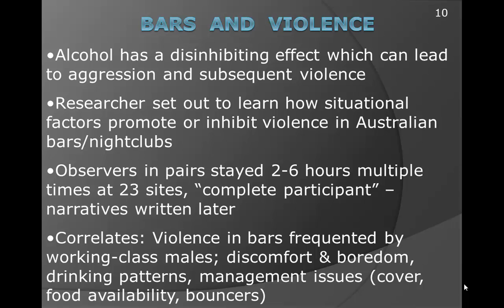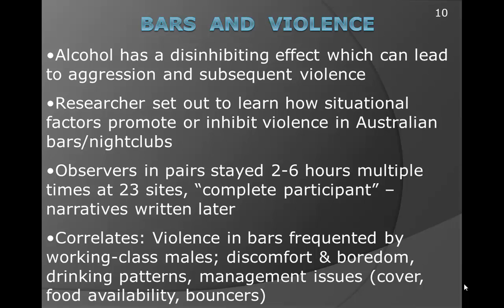Another example, bars and violence. Alcohol, as you know if you've taken drugs and behavior, or even by experience being around individuals who may be drunk, has a disinhibiting effect which can lead to aggression and subsequent violence. The researchers set out to learn how different situational factors could promote or inhibit violence in Australian bars and nightclubs. The observers were in pairs and they stayed 2 to 6 hours multiple times at 23 sites.